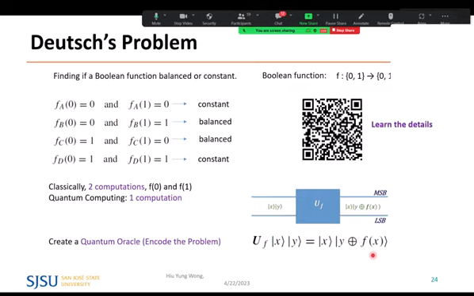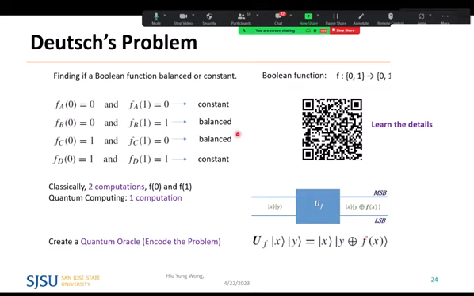So you see that the information of f is encoded in the quantum oracle. But what is f of x? You also see that this oracle cannot tell you, because it only gives you y XOR f of x, not f of x. So we actually are missing some information in order to get this answer.